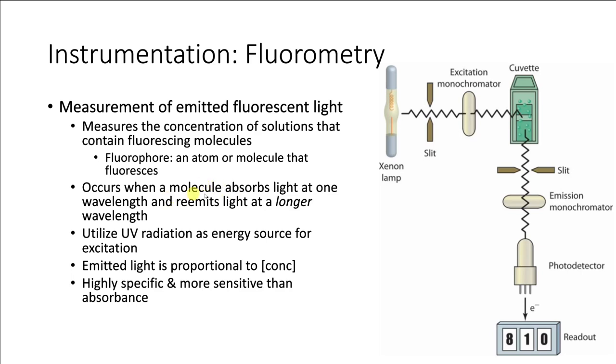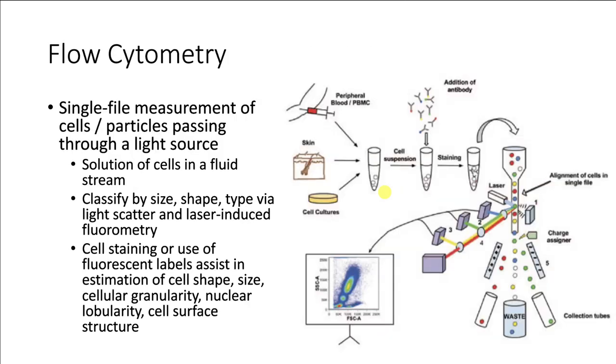This happens when a molecule absorbs light at one wavelength and then re-emits light at a longer wavelength. We'll often use UV radiation as a source for excitation, and the emitted light is directly proportional to concentration. It's very specific and much more sensitive than absorbance is.